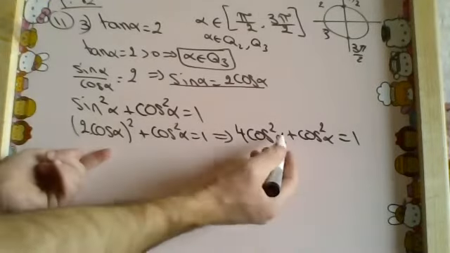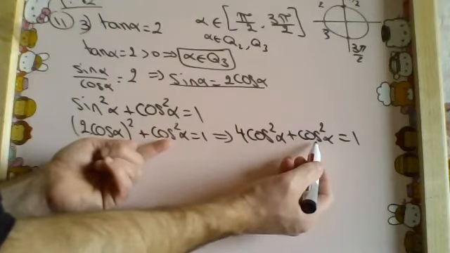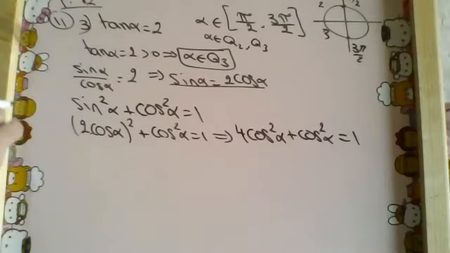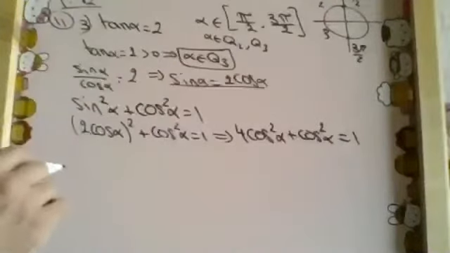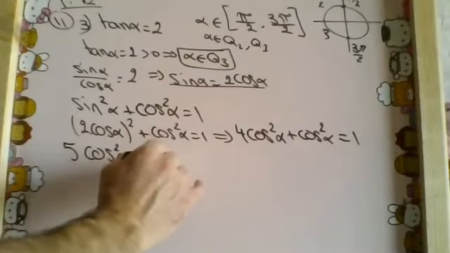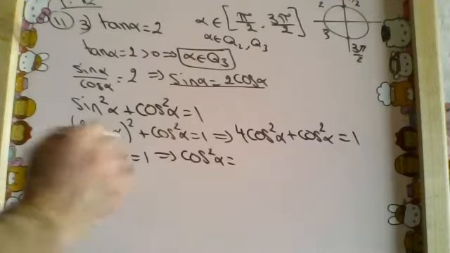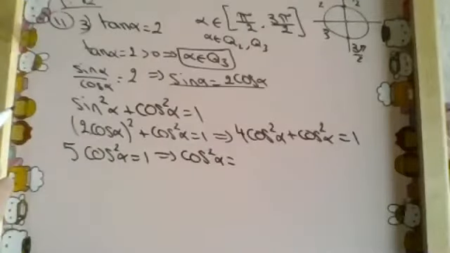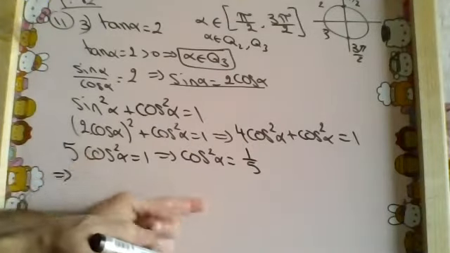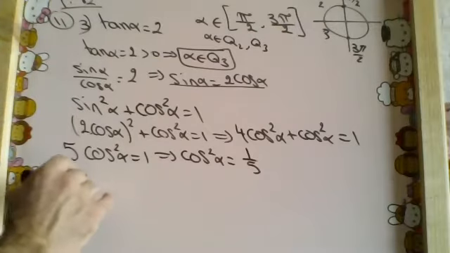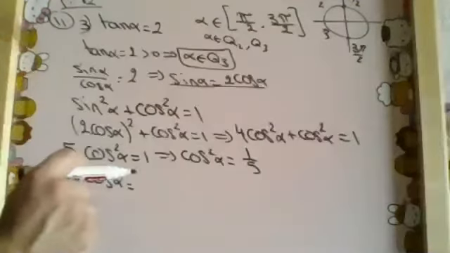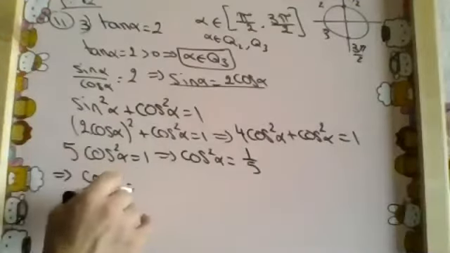4 cosine squared alpha plus cosine squared alpha gives 5 cosine squared alpha equal to 1. Then cosine squared alpha equals 1 over 5. So cosine alpha is equal to plus or negative radical 1 over 5.